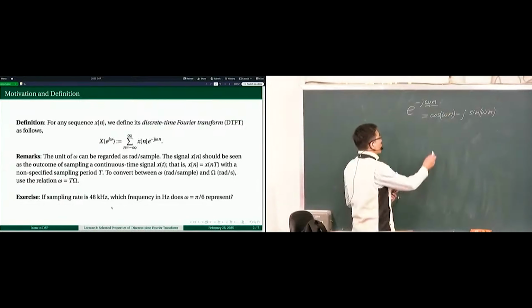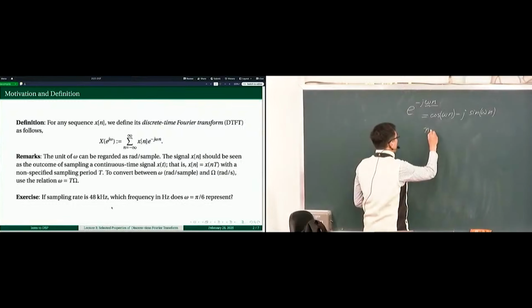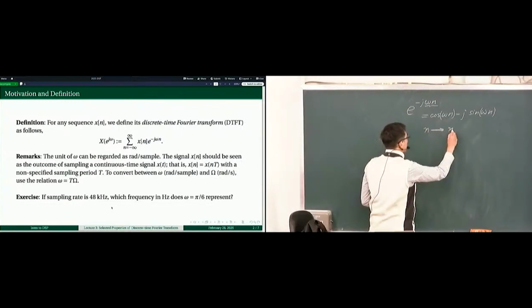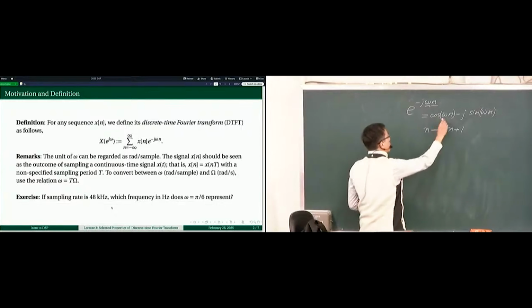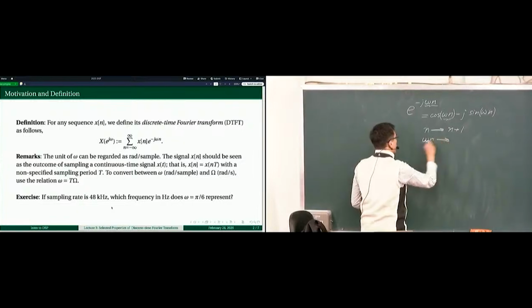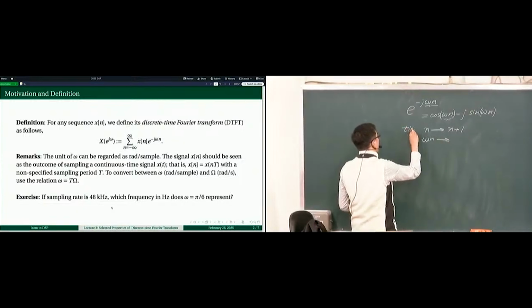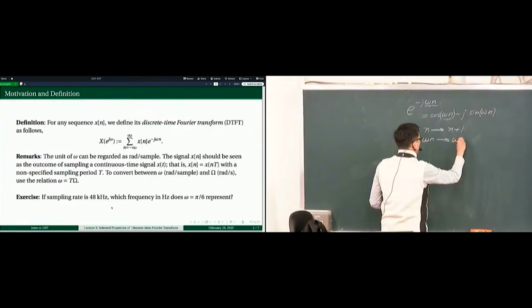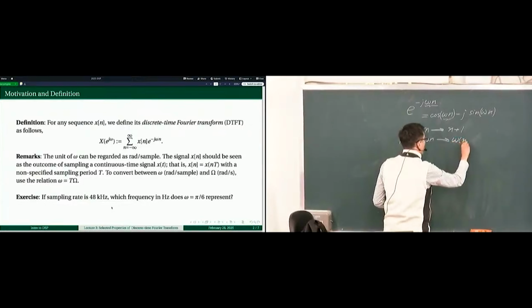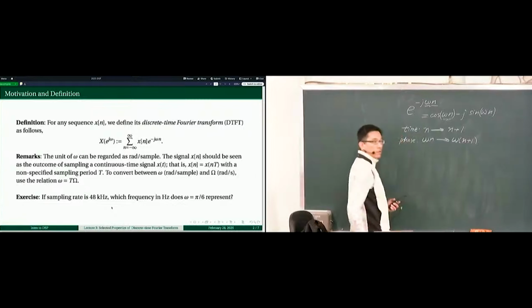When time is advanced by one sample, how much does the phase omega n advance? The phase is advanced from omega n to omega times n plus 1.